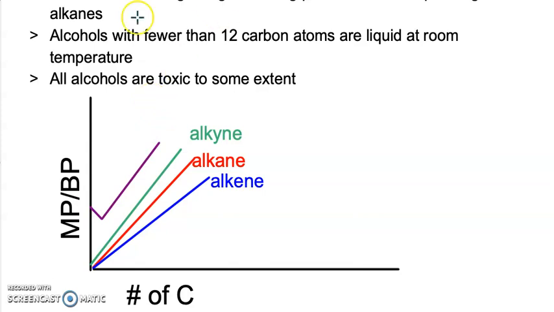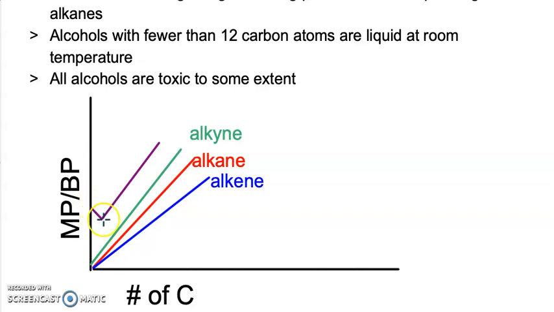Okay, and the reason they follow that check mark pattern is the little ones over here have LDF, dipole-dipole, and hydrogen bonds. As we increase the number of carbon atoms, our LDFs are going to increase, but the dipole-dipole and the hydrogen bond is going to decrease. So although one force is getting stronger, 2 of them are getting weaker, which is why it goes down.